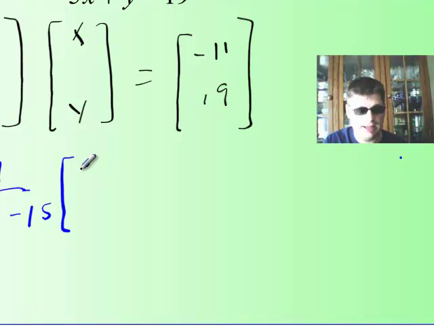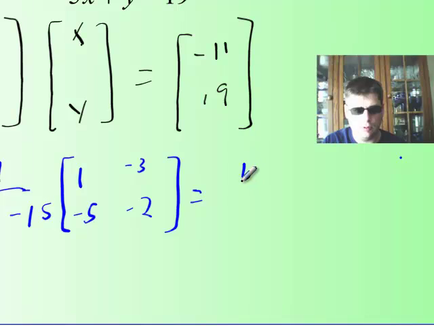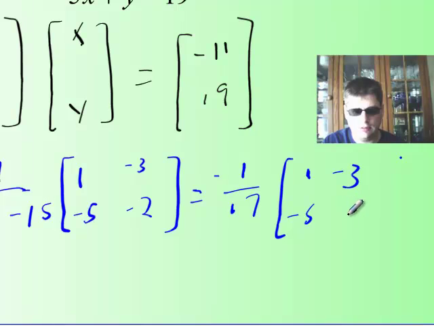So we will swap A and D, so 1, -2, and change the signs on B and C. We will be left with 1, -1/17. That's our scalar. And then 1, -3, -5, and -2.